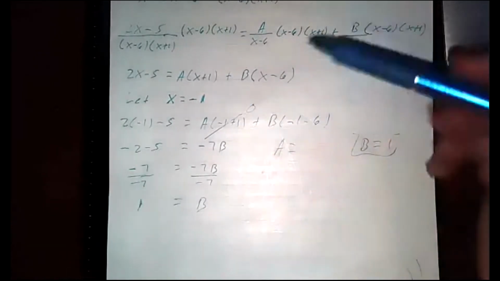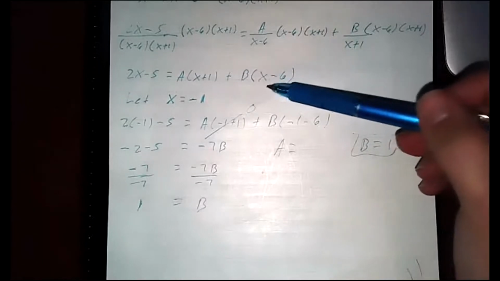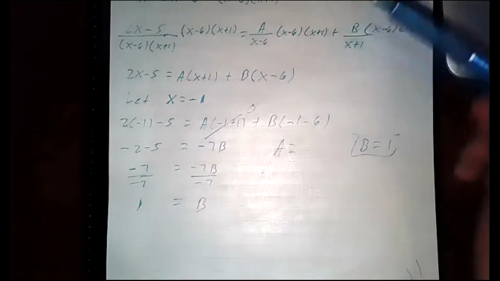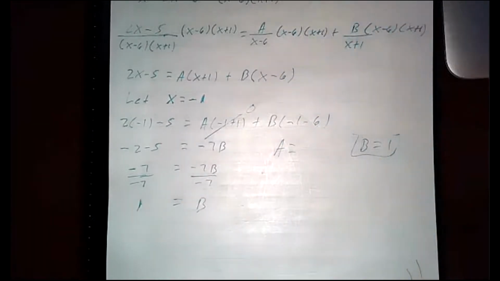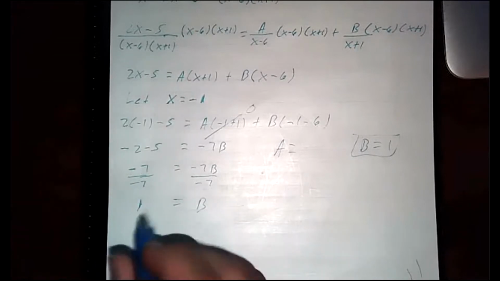So we'll use the same equation here at the top and let x be 6 this time. Okay, you didn't really have to do this Heaviside if you didn't want to, because the system would have been easy too, but why not use Heaviside when we can, right? Okay, so now we'll try again. This would be one piece here.